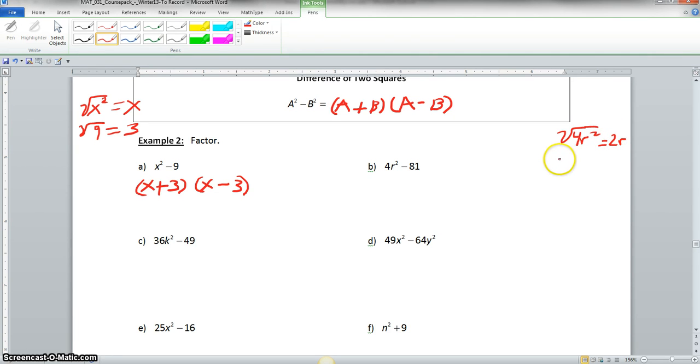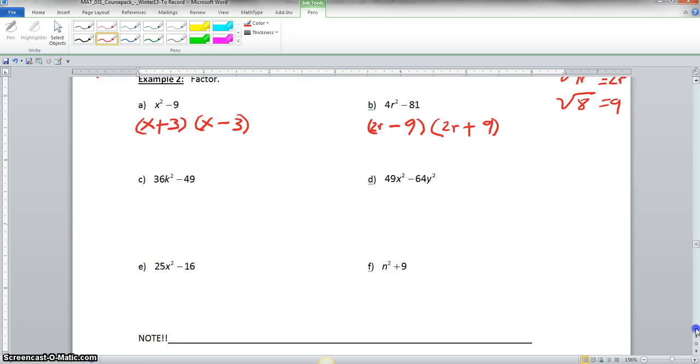And then we will have the square root of 81, which we know is 9. So this is the difference of two squares. So we would do our two parentheses. We have a minus in one and a plus in the other. Remember, it doesn't matter which one goes first. So we will have 2r in both parentheses. And then we will have 9 in both parentheses. And we're done.